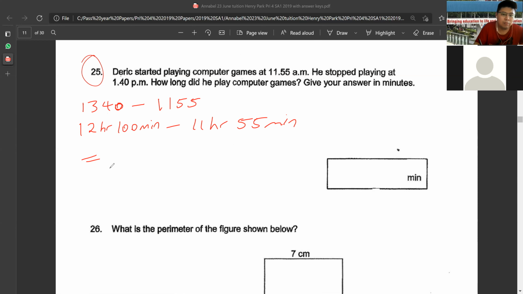But why is it 100 minutes? 40 plus 60. Okay, 40 plus 60 minutes is 100 minutes. That's why 100 minutes. Then you minus off 11 hours, 55 minutes.